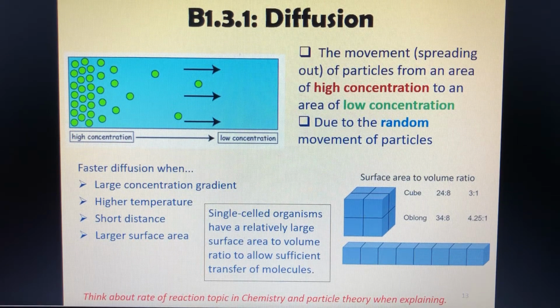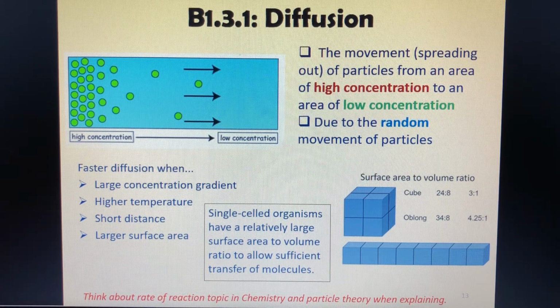Higher temperature, think chemistry, the particles have more energy, they move around more, collide more, and spread out more. If they've got a shorter distance to travel, then it will take less time for them to diffuse into that space. And also if there's a larger surface area. So if, for example, we've got the diffusion of a substance into a root hair cell, then it's got a large surface area, so it will move across more rapidly.